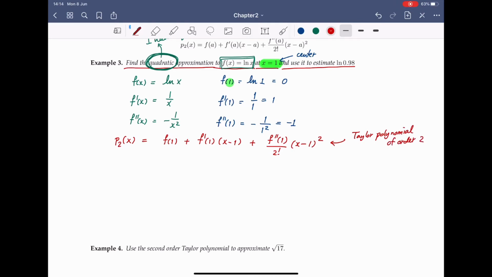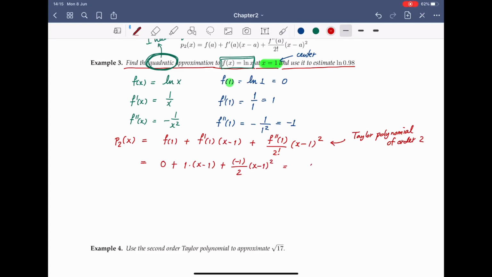Well, this will be used in quadratic approximation, and then after that we just plug in everything we have. So f(1) is 0, and then f'(1) is 1 times (x minus 1), and then plus f''(1), which is negative 1, over 2 factorial, which is 2, times (x minus 1) squared.